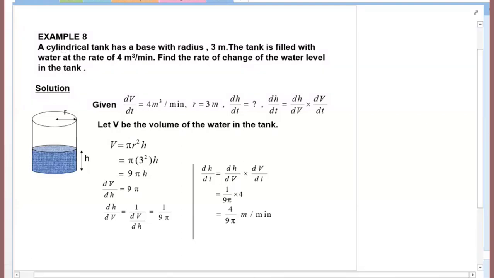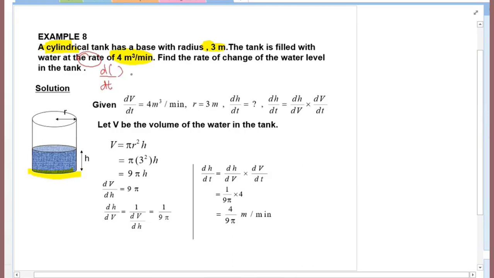A cylindrical tank has a base with radius 3 meter. The base is 3 meter, constant. The tank is filled with water at the rate of 4 meter cube per minute. Check the unit. This is a rate, so it is d over dt.